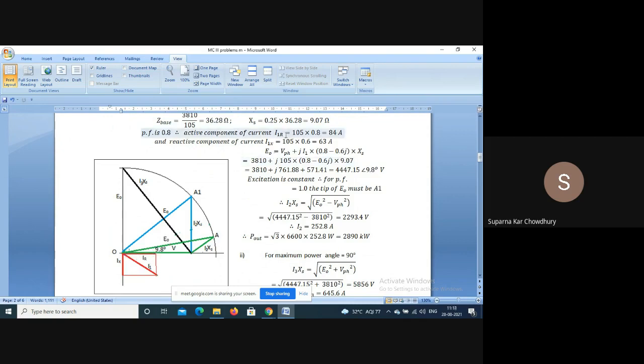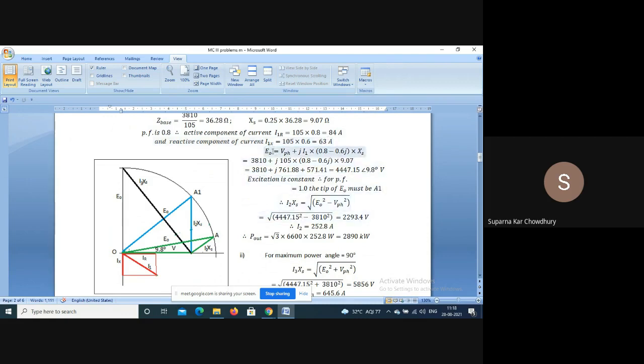So IR will be I into 0.8. Similarly, the reactive component will be I into sine theta. So this resistive component is 84 and the inductive component is 63.